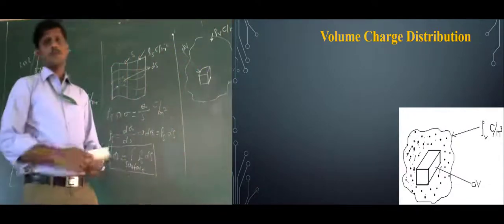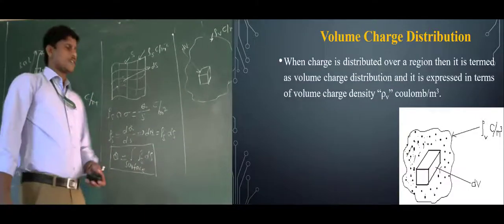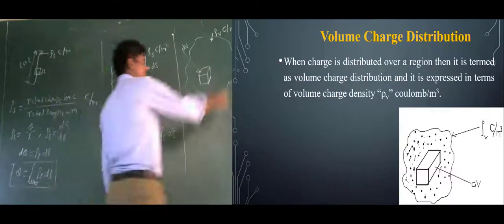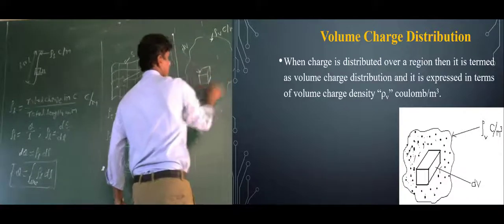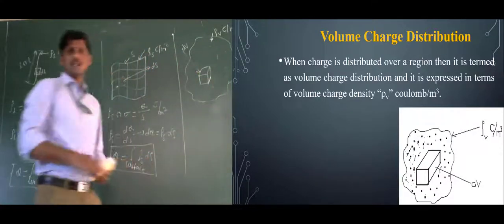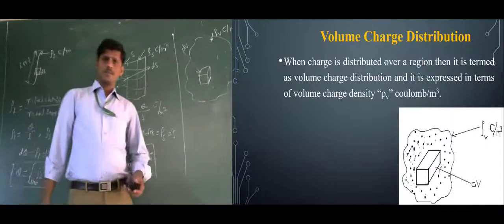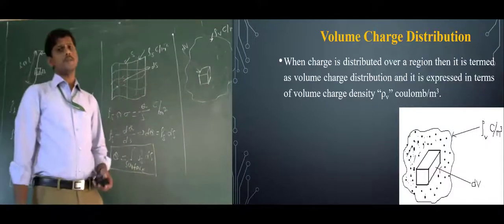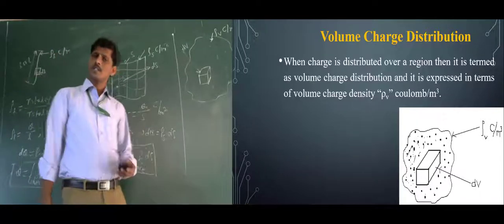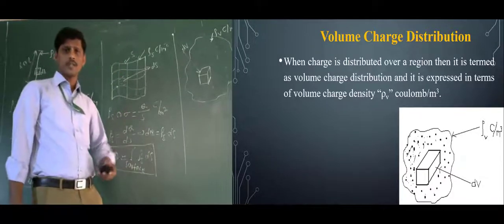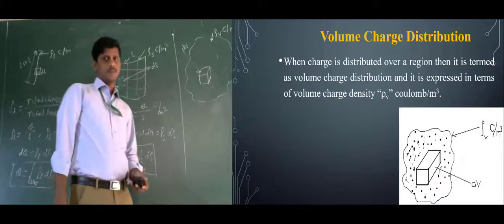What is volume charge distribution? When charge is distributed over a region, then it is termed as volume charge distribution, and it is expressed in terms of volume charge density. Symbolically, the volume charge density is denoted as rho suffix v.